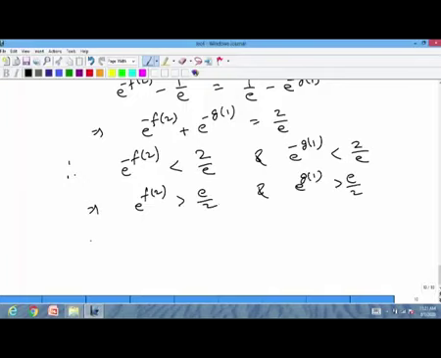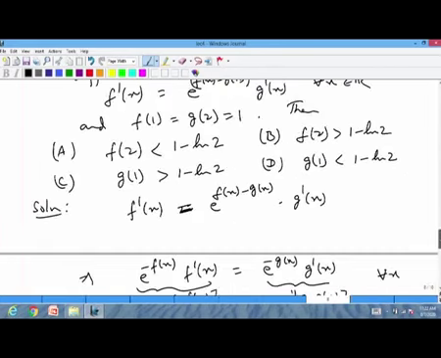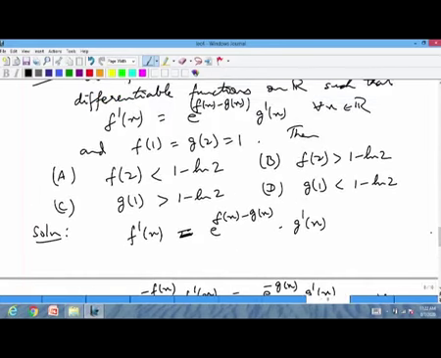Then by taking log, f of 2 will be bigger than log e by 2, which is 1 minus log 2, and similarly g of 1 is bigger than 1 minus log 2. So, option B, f of 2 bigger than 1 minus log 2 and g of 1 bigger than 1 minus log 2, these are correct, and A and D are wrong.